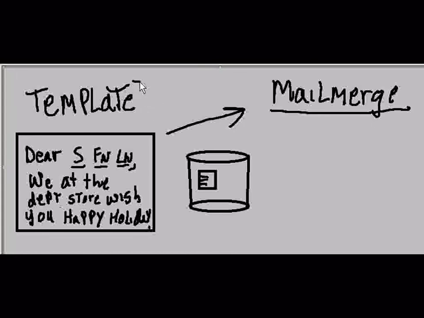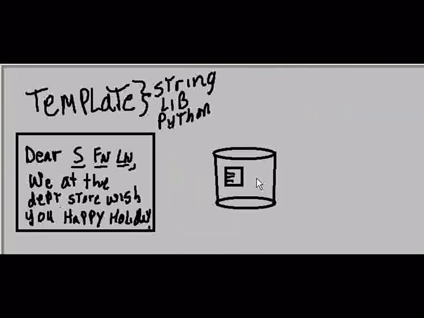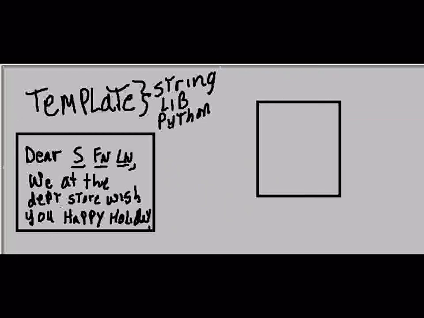And there's a similar function in the string library of Python that does this. Not with mail merge, but a similar operation takes place. And that's what I'm going to be talking about with you. Only to make it easy, we won't use another database. We'll put everything onto one simple piece of paper.